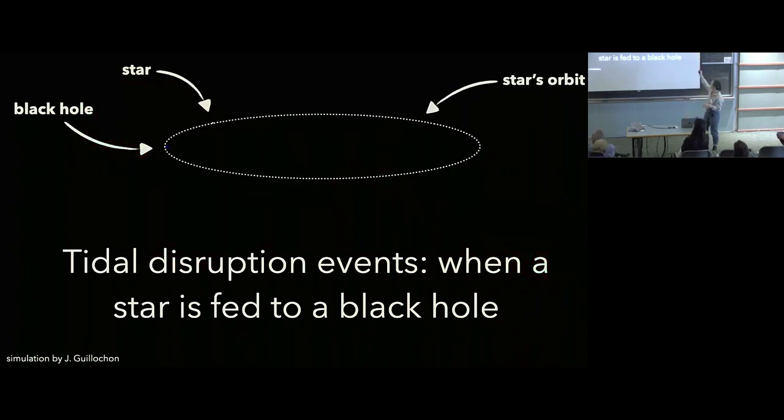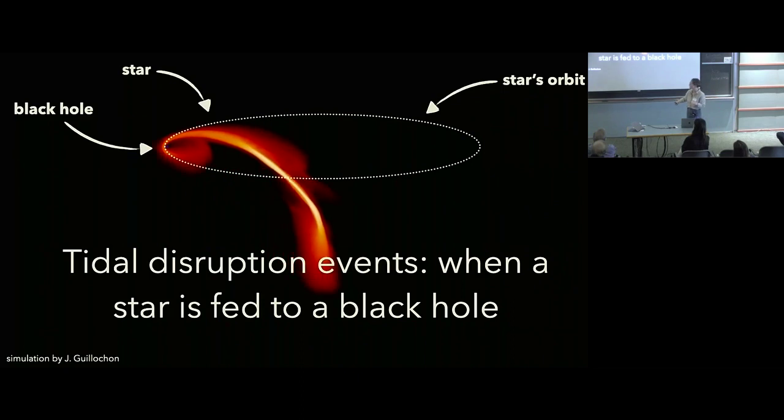One thing to note here, I'm going to show this video again, but this time I've overplotted the approximate orbit. The star isn't plunging directly into the black hole. I mean, that could happen, but then we wouldn't actually be able to see anything because all of the mass would be inside the event horizon. So when things get exciting is when the star passes very, very near the black hole in this very, very eccentric orbit.